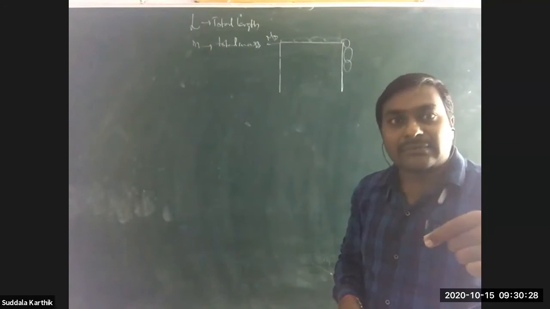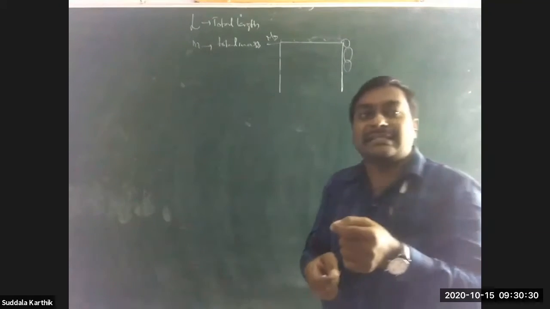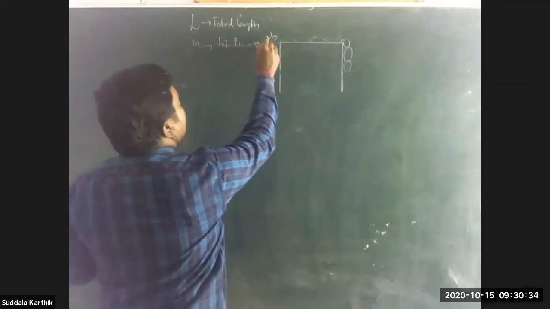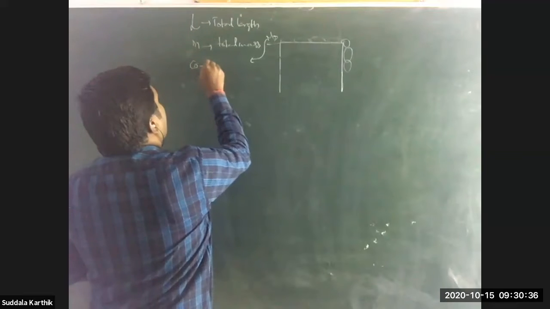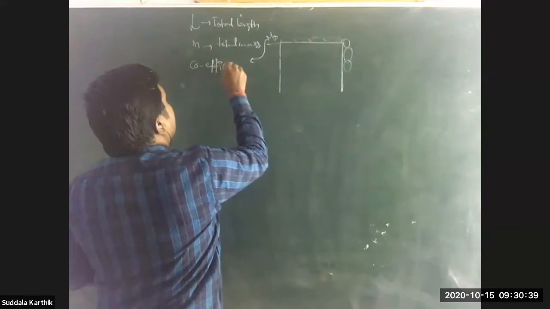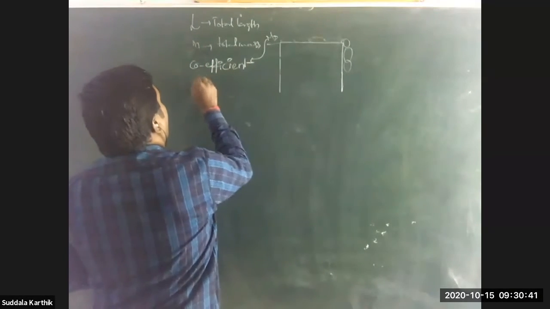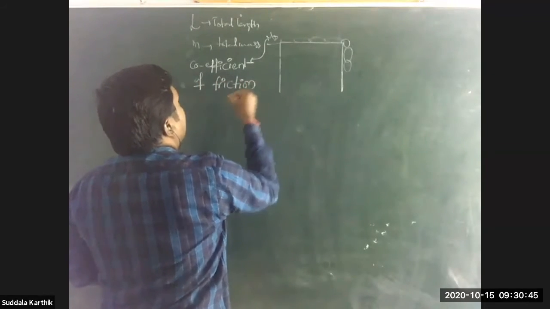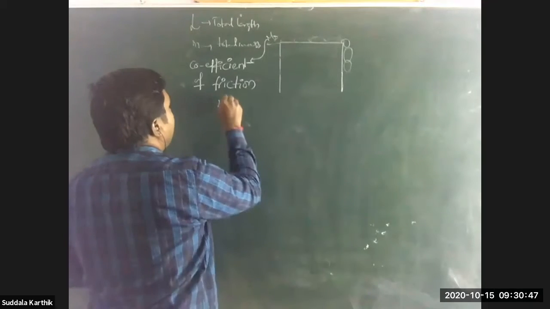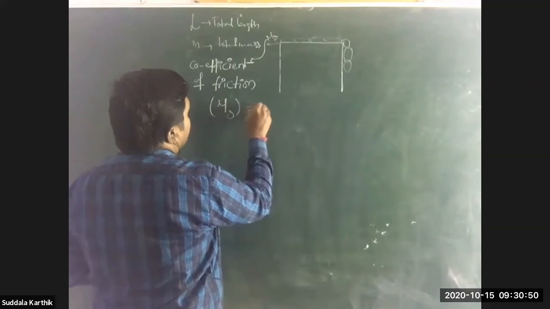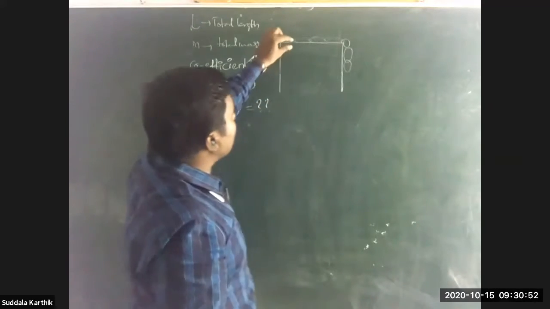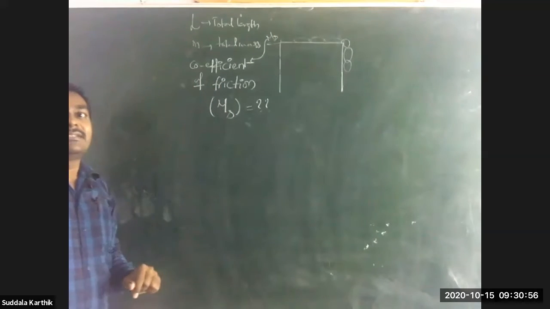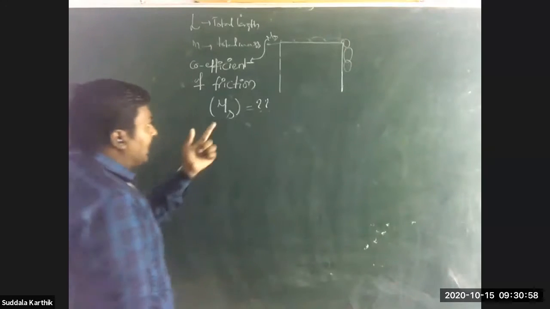Due to that frictional force, we analyze using the coefficient of friction, which is called mu s. So what is the coefficient of friction between the chain and the table? I want to calculate that.